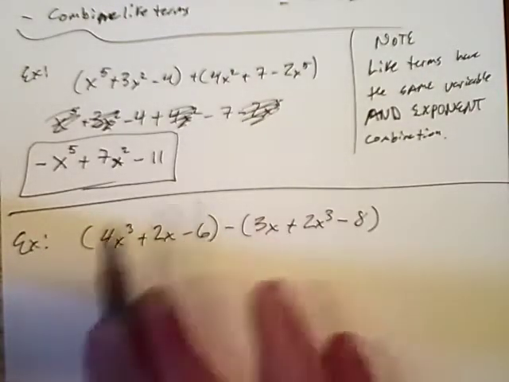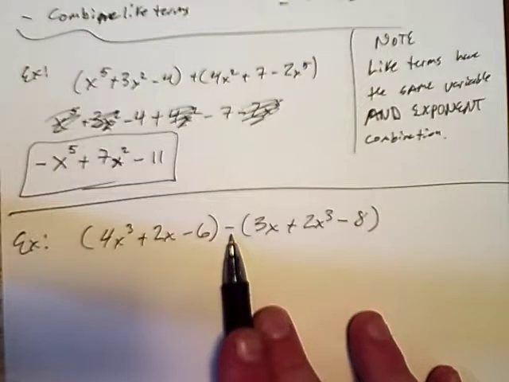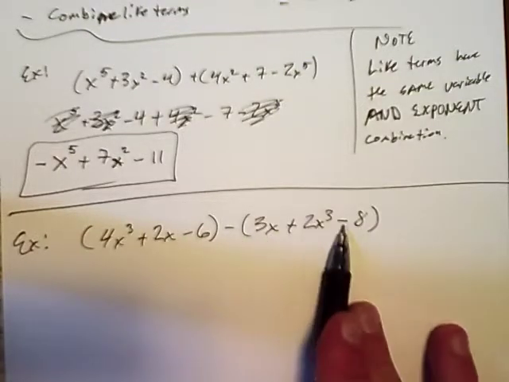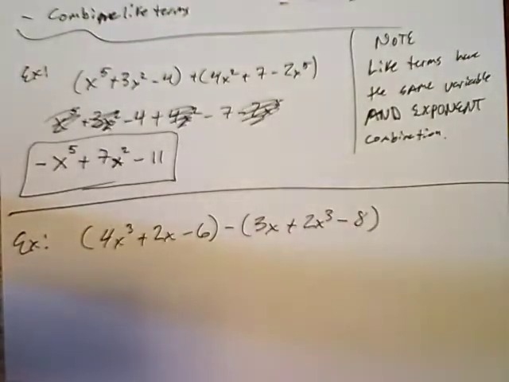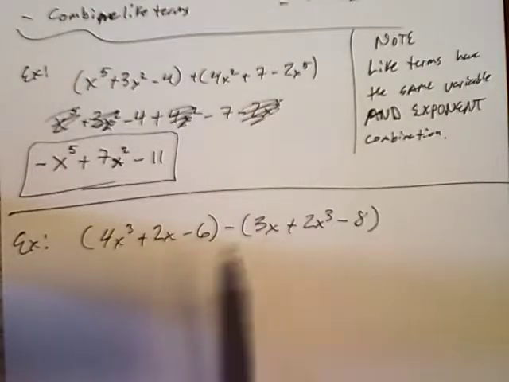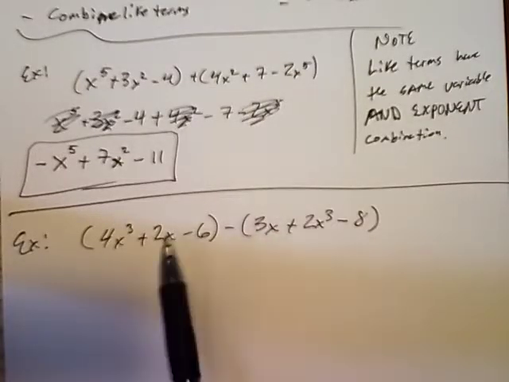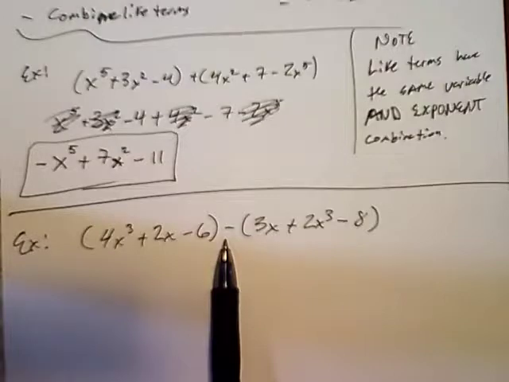This is a third degree trinomial, right? Minus 3x plus 2x to the third minus 8. And another third degree trinomial. All right, so what are we dealing with here? Is this addition or is this subtraction? Well, my indicator is what's happening between my two polynomials. Well, here it is. This is subtraction.